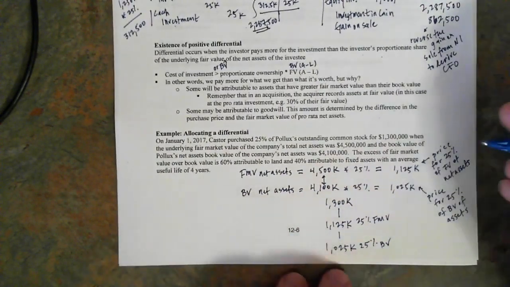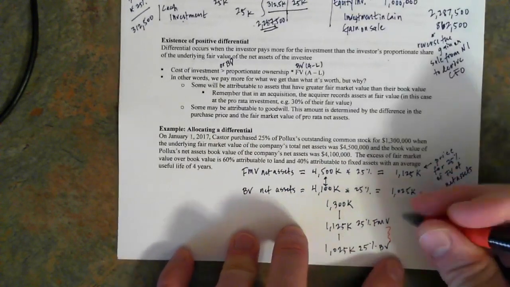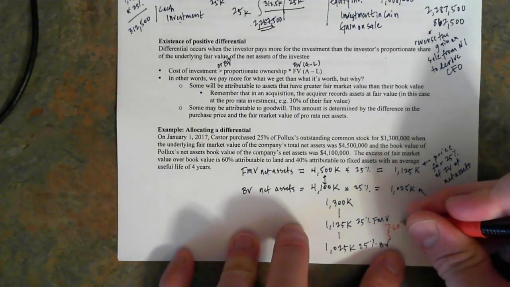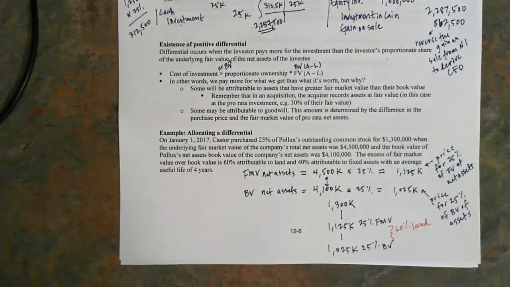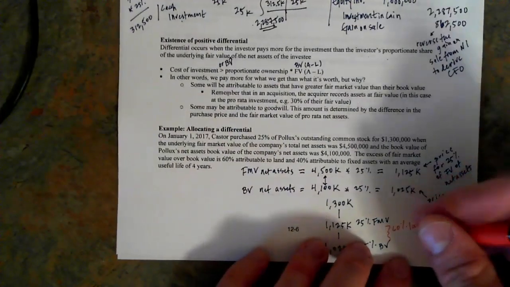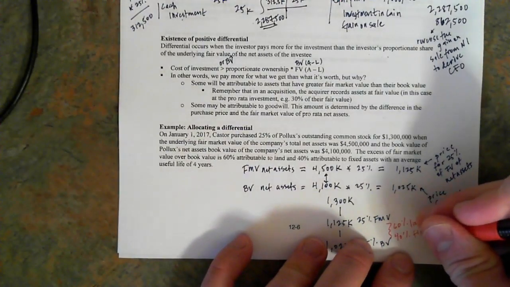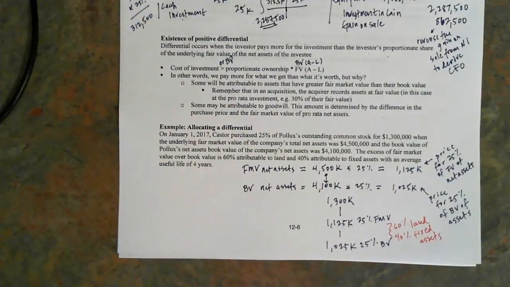I do explain the difference between these two. I say that 60% of that was attributable to land. So we had some land that had a greater fair market value than book value. And then we had 40% of that be fixed assets that had a greater fair value than book value.